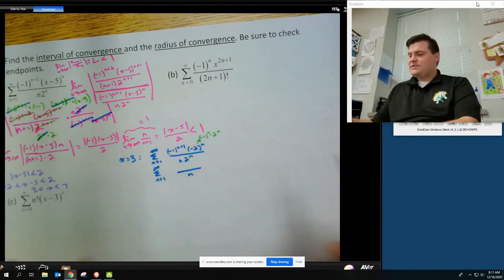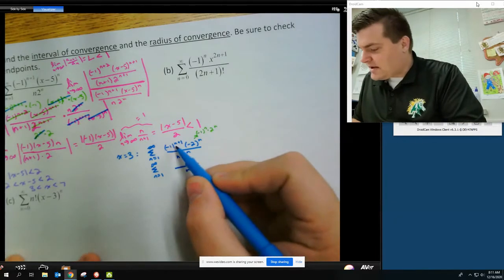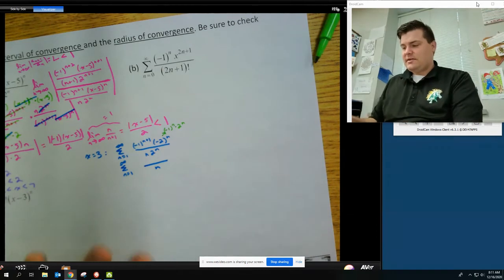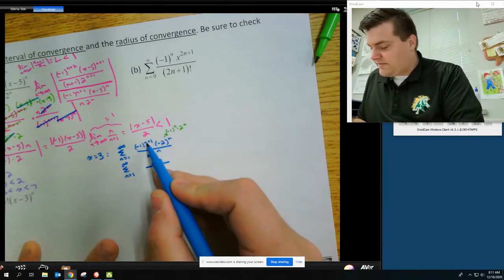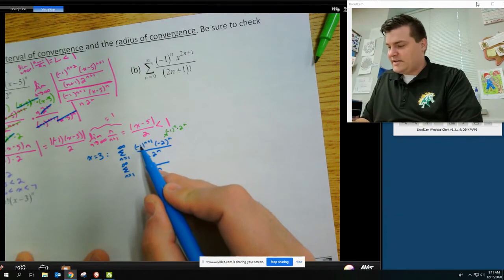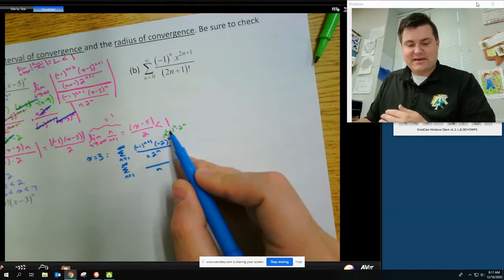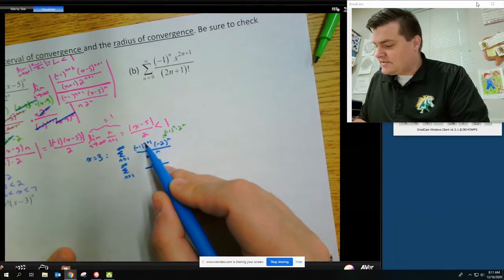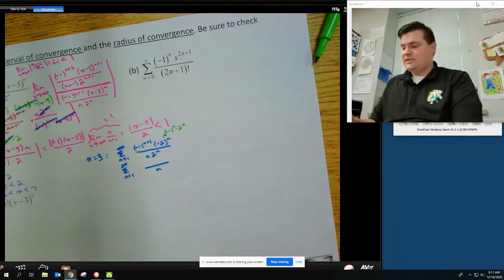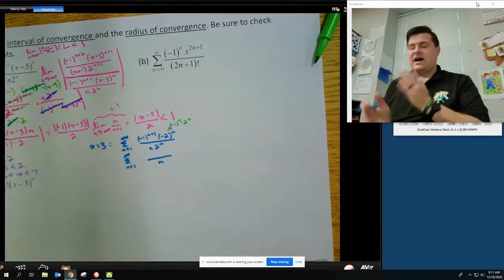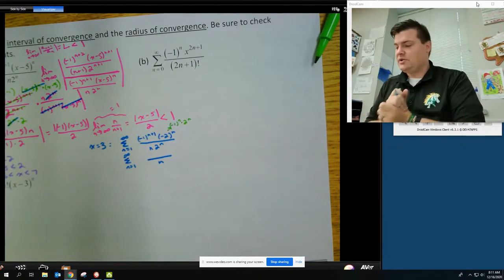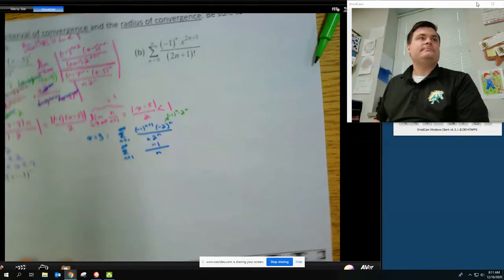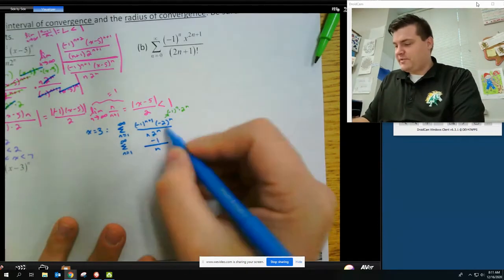And my negative 1 to the n and my negative 1 to the n plus 1, that's going to always be negative. Because no matter what the n value is here, if n is odd, then this is positive and that's negative. And then if n is even, then they're also going to be opposite signs. So no matter what, these negative ones are always opposite signs. So since they're always opposite signs, it's always going to be negative. So this is actually going to be a negative 1 right here.